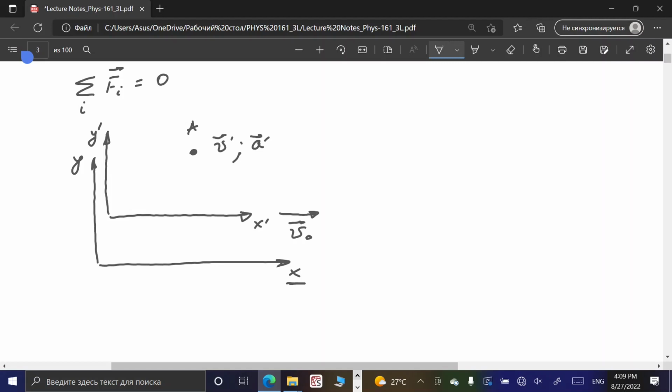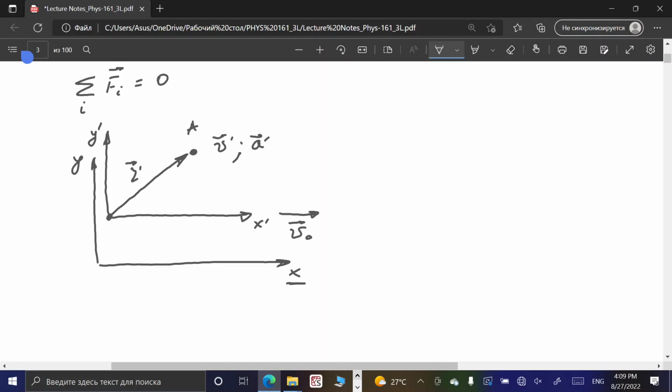Also, with respect to this mobile system of reference, x prime, y prime, we can define the position of this point A, with, sorry, position vector r prime.